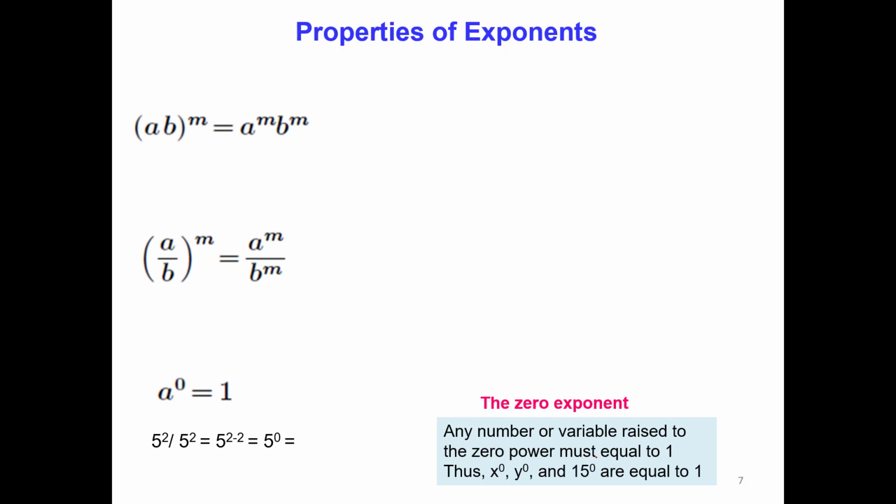The next is the power of a product. If we have the power of a product, then we need to distribute the exponent to each of the terms. Then we need to raise a to the n power and b to the n power. Let's write one. We had two terms, for example, 2 times 10 to the third power, all to the second.